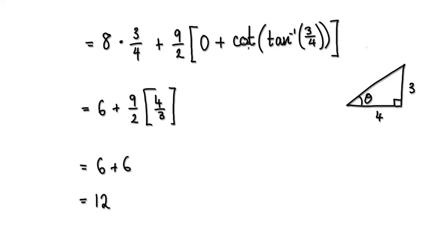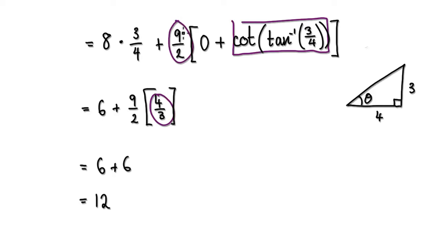We want cot. This is tan, and cot is the other way around. So cot would be 4 over 3. What I'm trying to say is that this whole ugly thing here turns out to be 4 over 3.